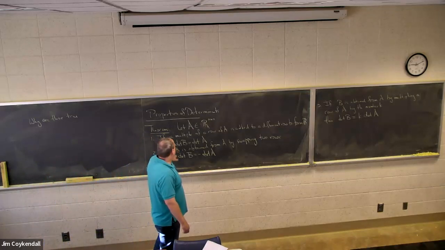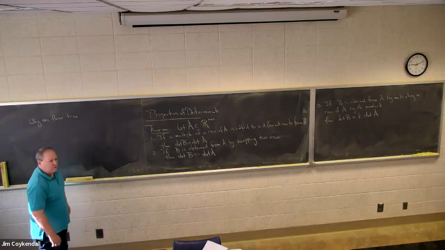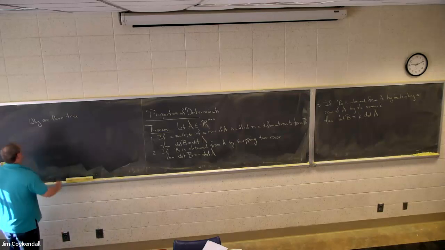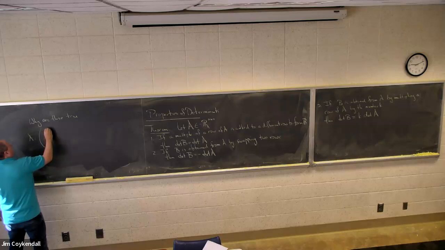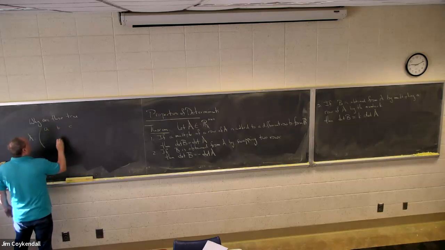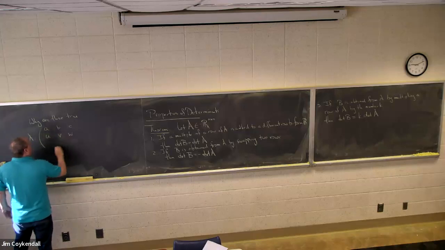First of all, I'm probably going to come to this one last. Why does swapping two rows do things? I'm just going to do a 3x3 example. Suppose I have this matrix with rows A, B, C and U, V, W.